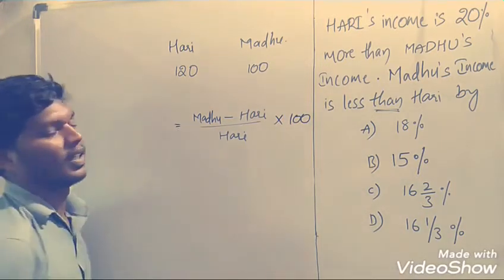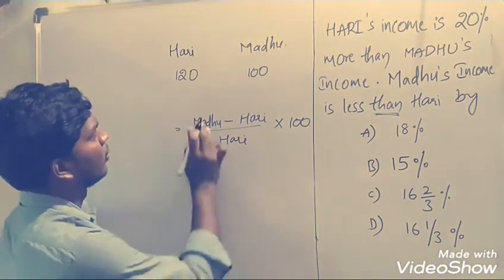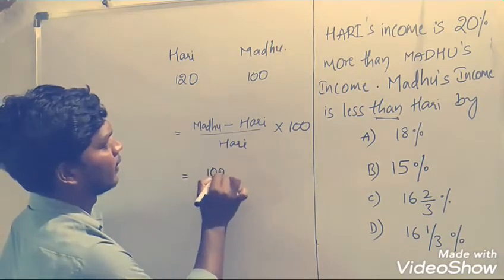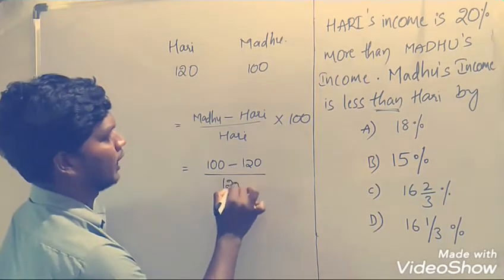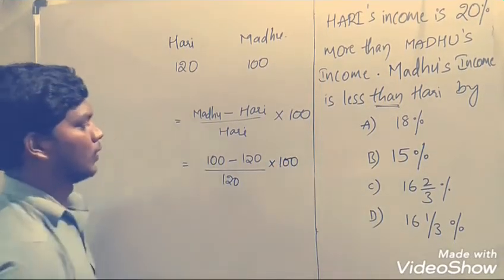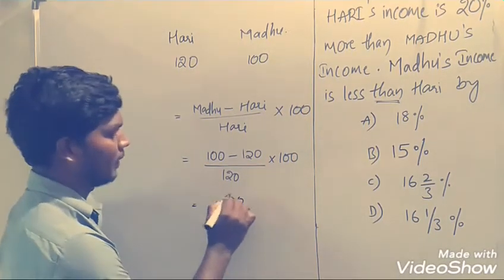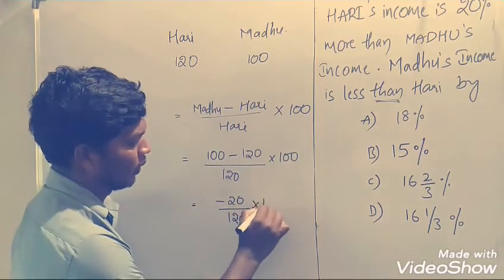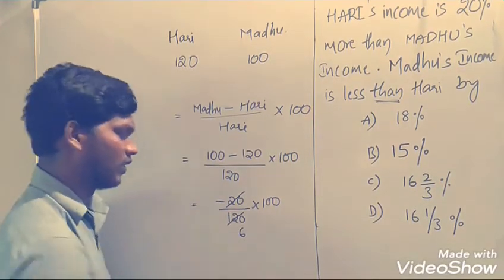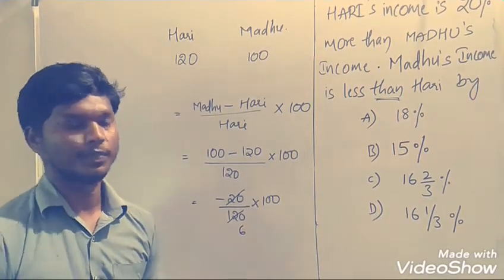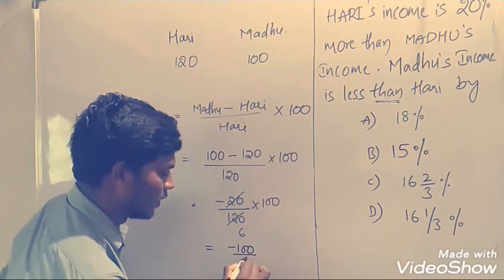Okay friends, once you have completed the formula, just substitute the values and we will get the final result. Madhu is 100 and Hari is 120, so it is (100 minus 120) by 120 into 100. 100 minus 120 will be minus 20 by 120 into 100. 20 ones are 20 and 20 sixes are 120, so finally we have minus 100 by 6.